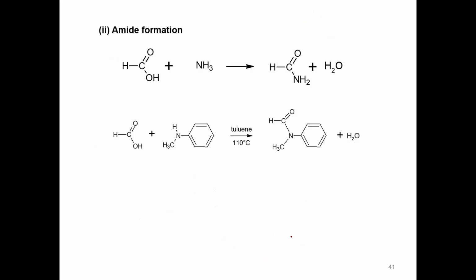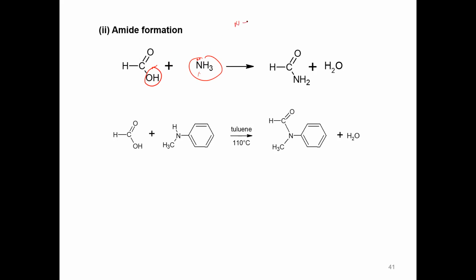And then other than that, for amide formation, carboxylic acid reacts with ammonia. So ammonia, kalau awak perasan, this is a base basically. So the hydroxyl group will keluarlah. Kalau ikutkan mekanism dia sebenarnya, this ammonia ada satu lone pair.